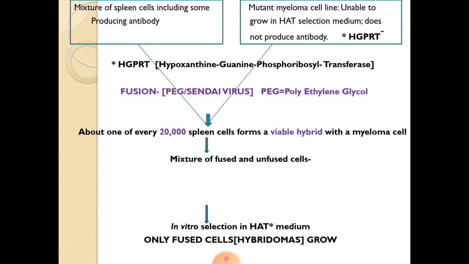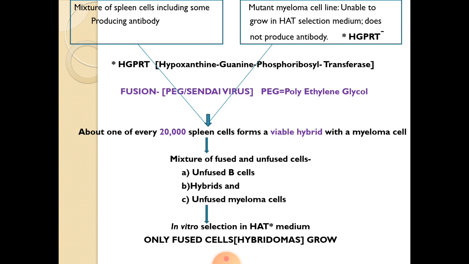When this is done, for about every 20,000 spleen cells, one viable hybrid cell is formed, and now we have in our culture plate a mixture of fused and unfused cells, and through HAT medium we have to select only the hybridoma cells.